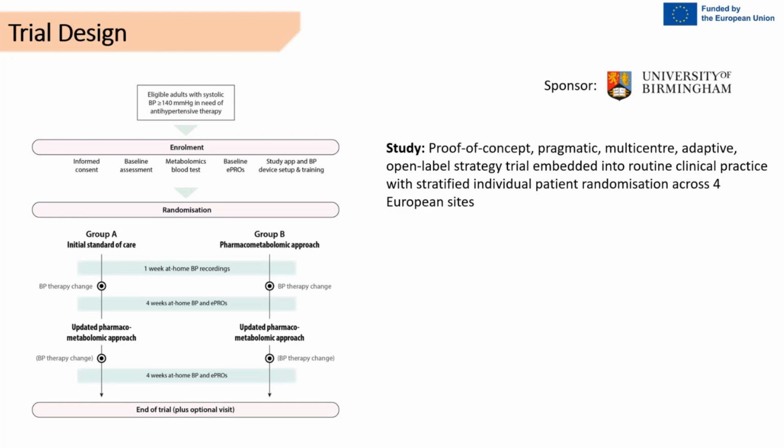So the trial is a proof of concept study which has been designed to be pragmatic and adaptive, and it's really a strategy trial which looks to embed in routine clinical practice. Patients are randomized with a stratified randomization model, and the study is sponsored by the University of Birmingham, and as we've said, it's funded by the EU with funding also from UK Research and Innovation.